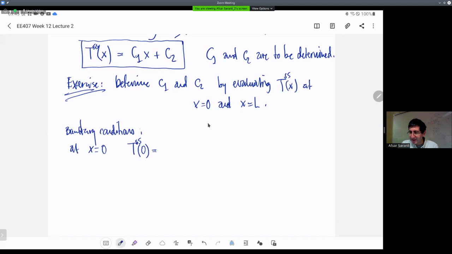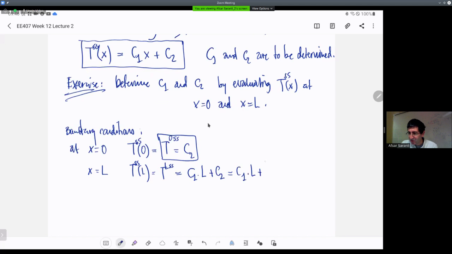So we can call this T0SS, and that's going to be our C2, okay, because the first term vanishes from that equation. And similarly, at x is equal to L, now you have steady state at L, which we can also call TLSS. Okay, that's going to be C1 times L plus C2, and that is equal to C1 times L plus T0SS.